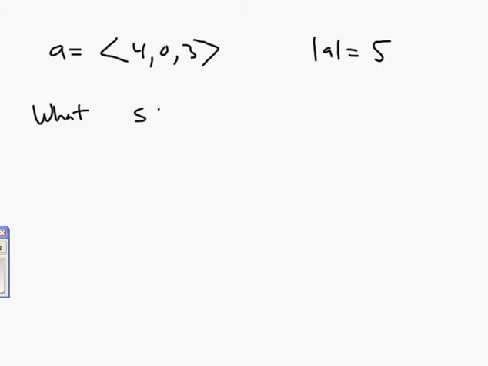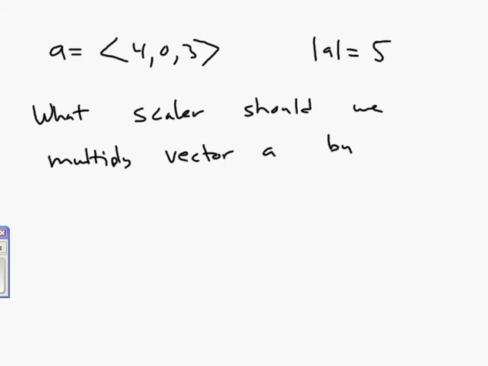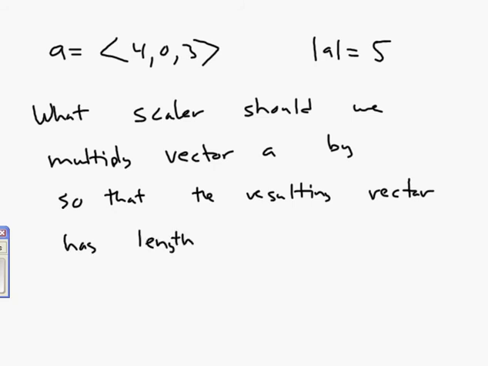What scalar should we multiply vector A by so that the resulting vector has length 1? That's what we want to answer.